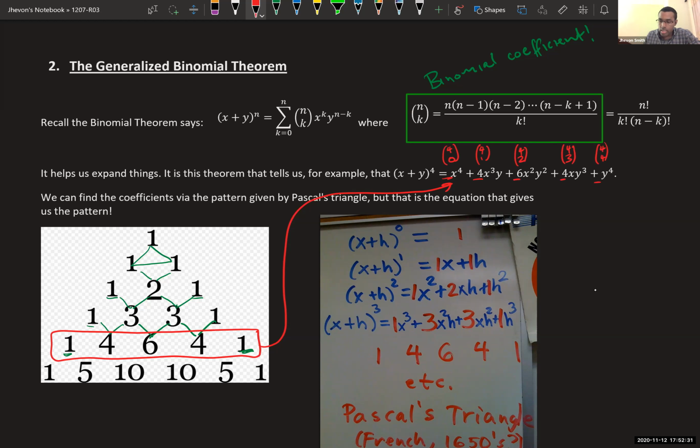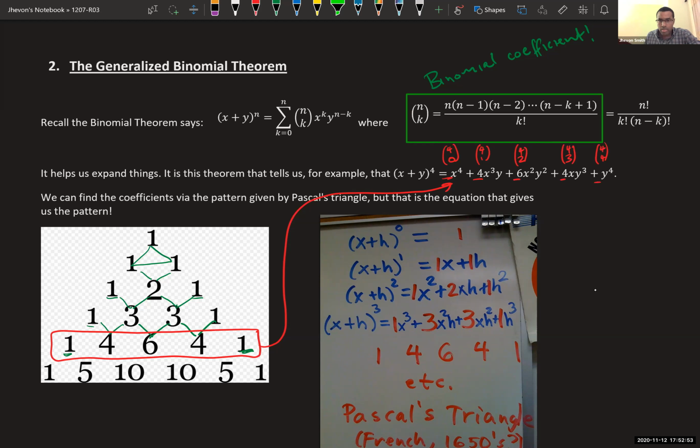By plugging into this formula, you can figure out what they are. 4 choose 0 gives you 1, 4 choose 1 gives you 4, 4 choose 2 gives you 6, 4 choose 3 gives you 4, and 4 choose 4 gives you 1. So these give you the coefficients.